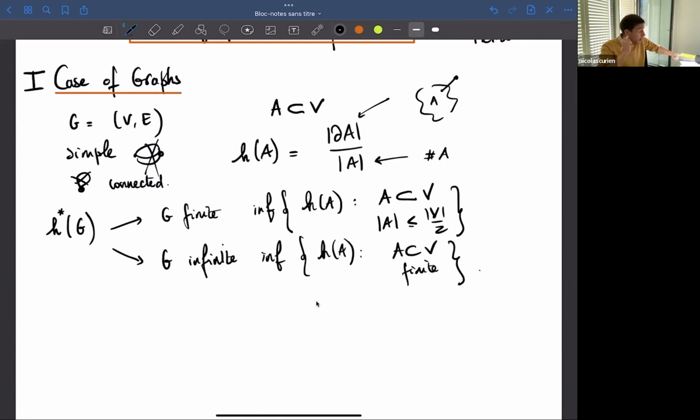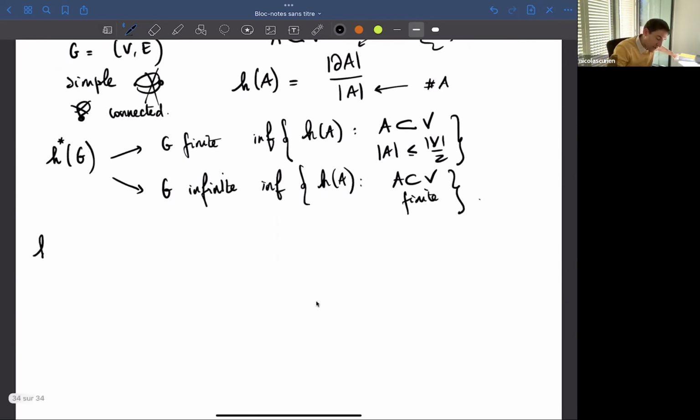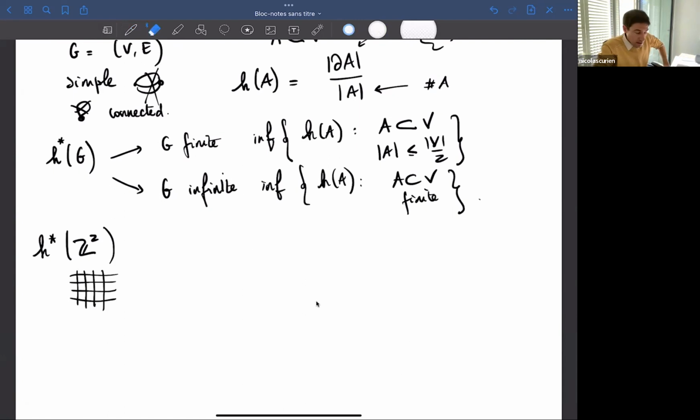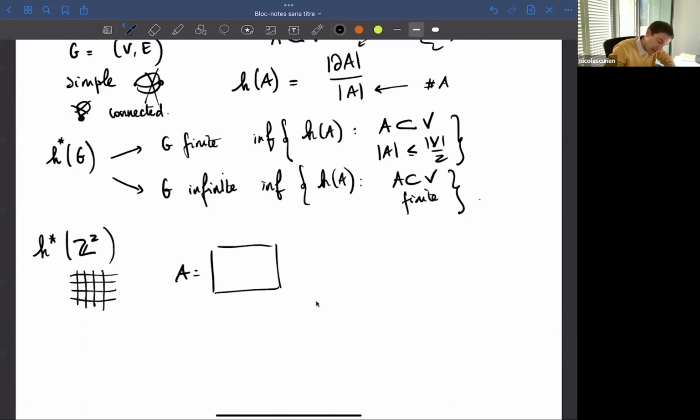Let's do two classical exercises. What is the Cheeger constant of Z2? When I say Z2, I imagine the graph Z2 with the standard set of edges. There are easy subsets of vertices: as A, you just take a box n by n in Z2, and let's compute the isoperimetry of this set. The edges going out from A are these orange edges that I'm drawing.